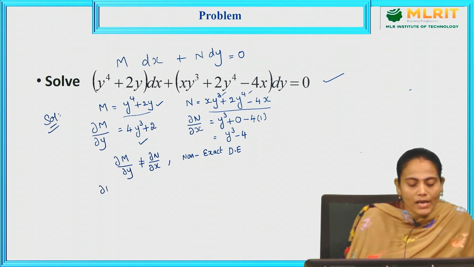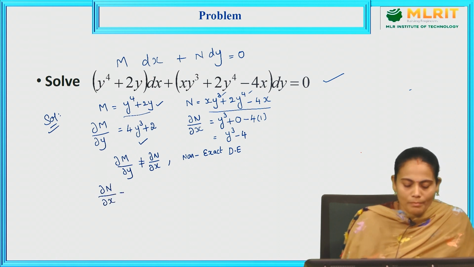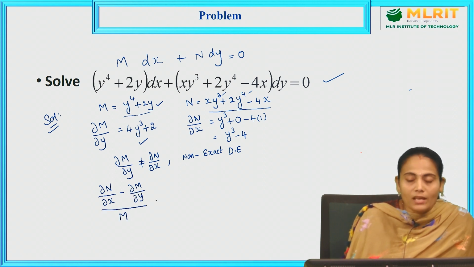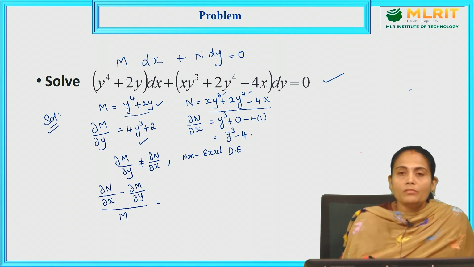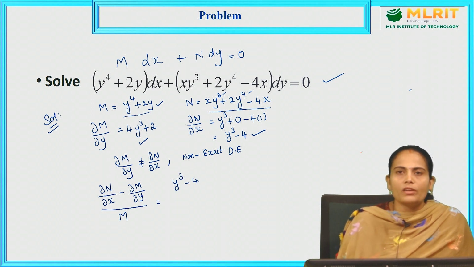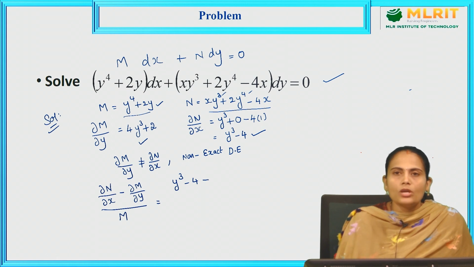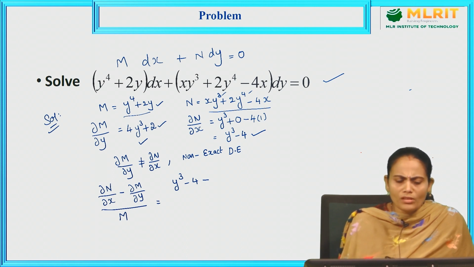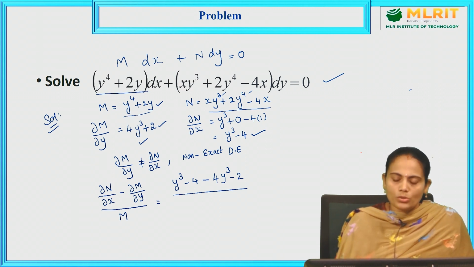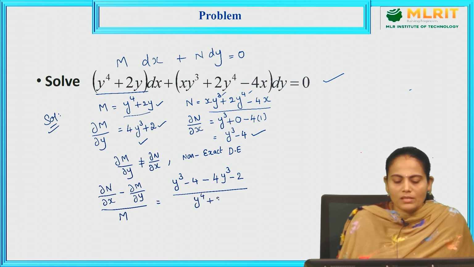It is ∂N/∂x minus ∂M/∂y, divided by capital M. ∂N/∂x is y cube minus 4, minus ∂M/∂y, which is 4y cube plus 2, so multiplying with the minus we get 4y cube minus 2, whole divided by capital M. Here capital M is y power 4 plus 2y.